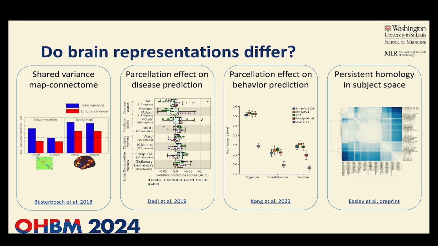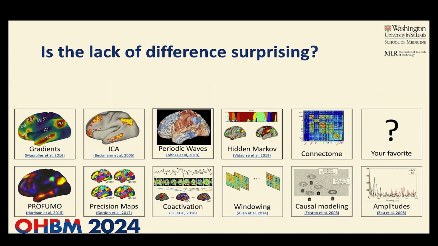So even though there are so many different choices of brain representations, they share quite a lot in common. Is that lack of difference surprising? Well, if we remember that all of these are estimated from the same underlying data, it's not really that surprising that when it comes to the amount of variance they explain or their prediction accuracy, they actually share quite a lot in common.